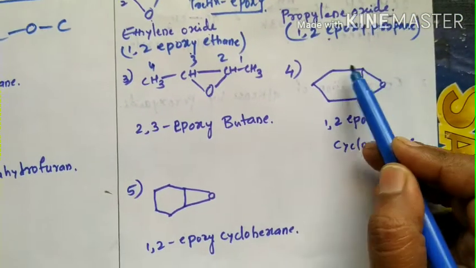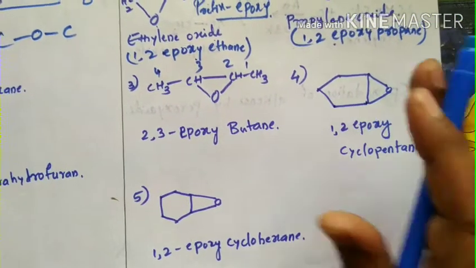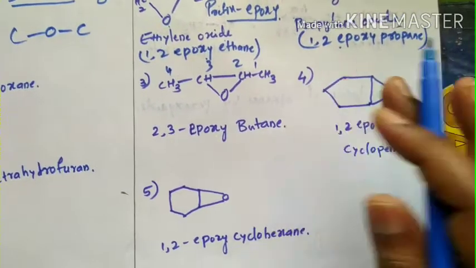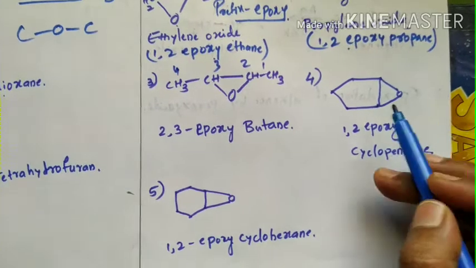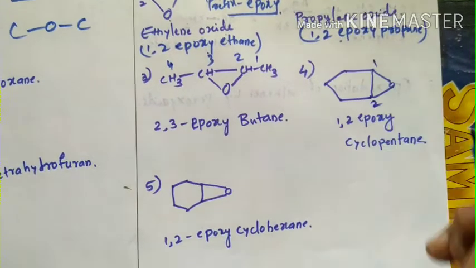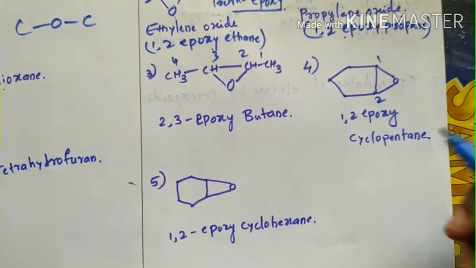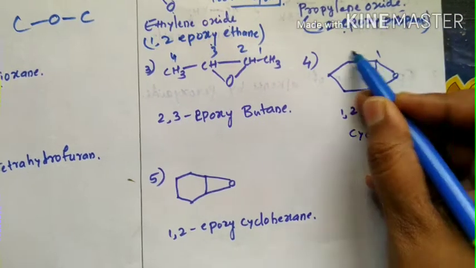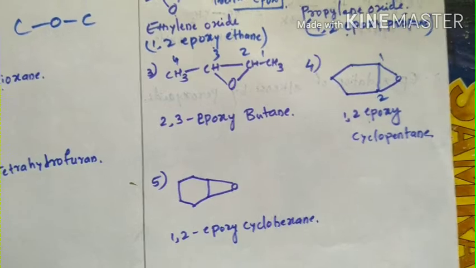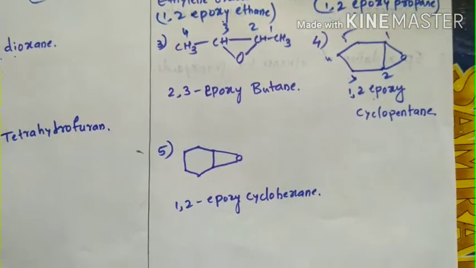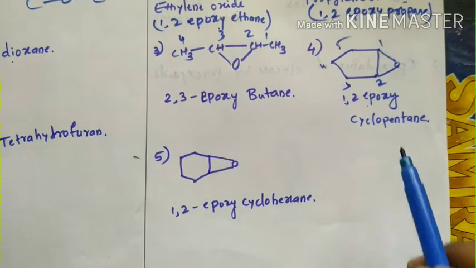In the same way, if we consider cyclic structures, here 1, 2, 3, 4, 5 means it is cyclopentane, and at 1 and 2 there is an oxygen linked to the two carbons, so it is 1,2-epoxycyclopentane.